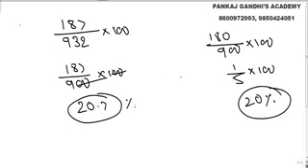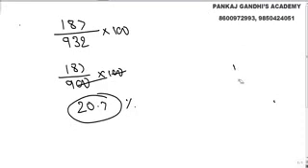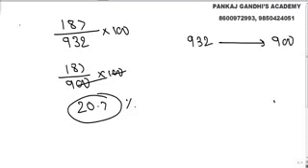But we have changed the denominator. What all we have done here is the denominator was 932 and we have made it 900. So the denominator is reduced by 32.